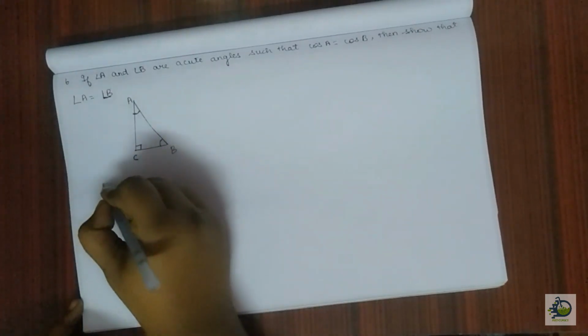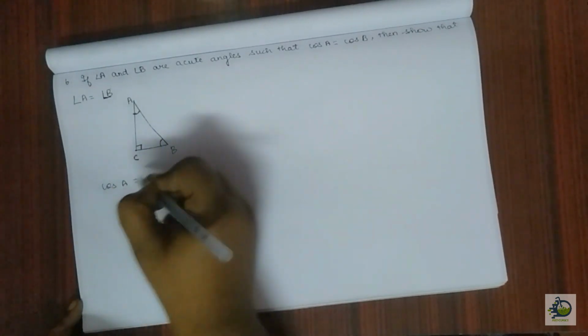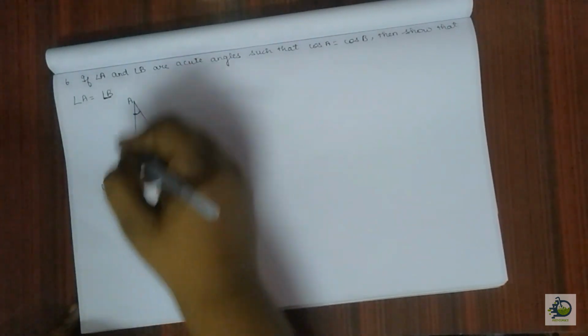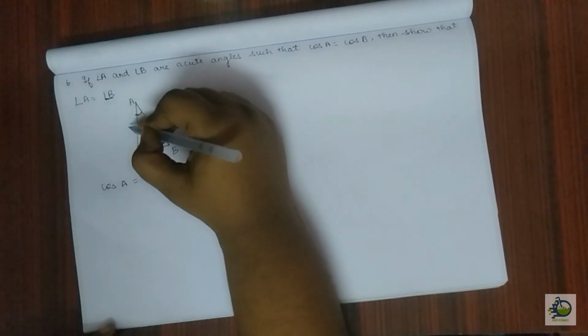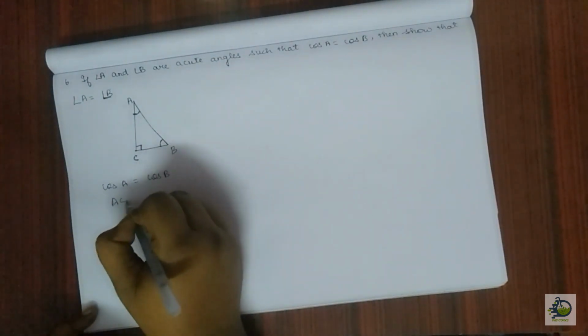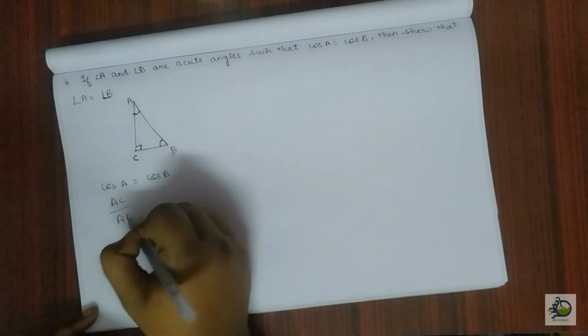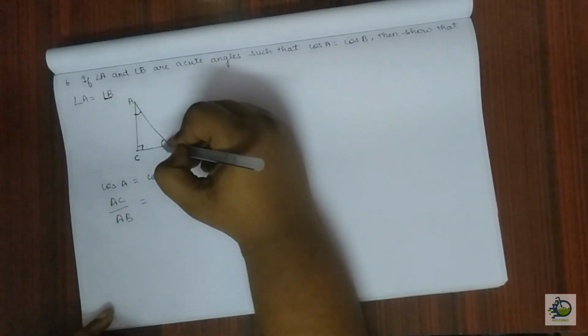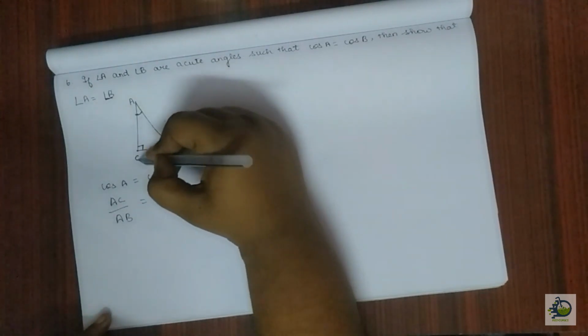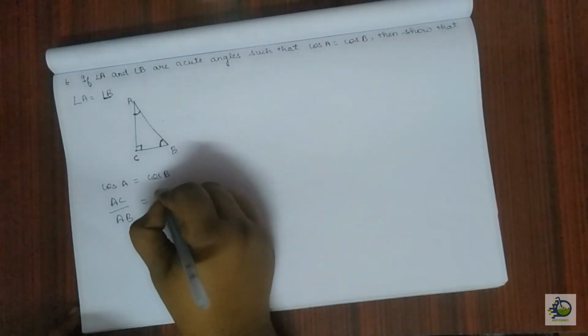It is given that cos A is equal to cos B. Cos A can be written as adjacent by hypotenuse, which is AC by AB. Cos B, here it is adjacent by hypotenuse, which means BC by AB.